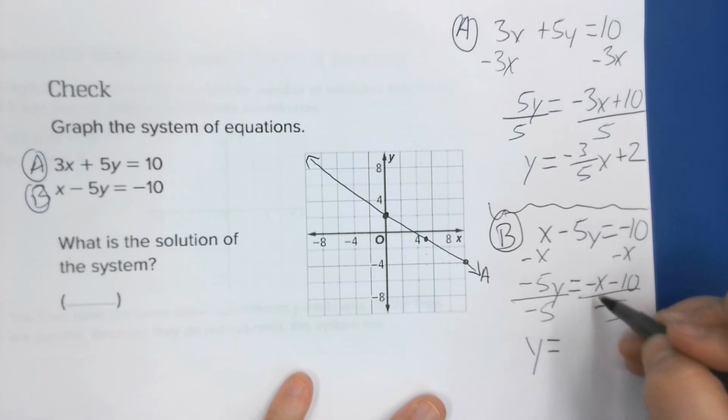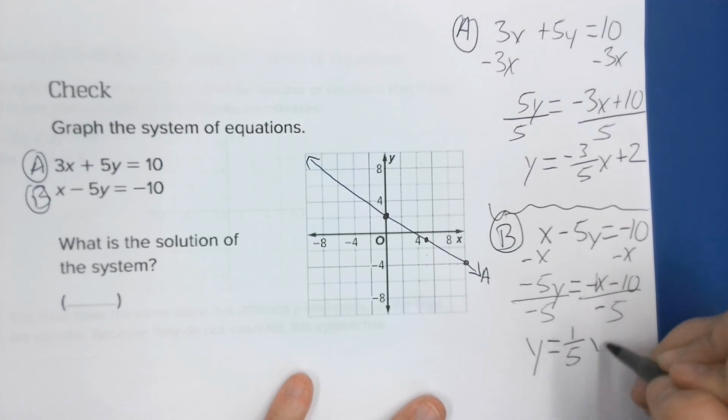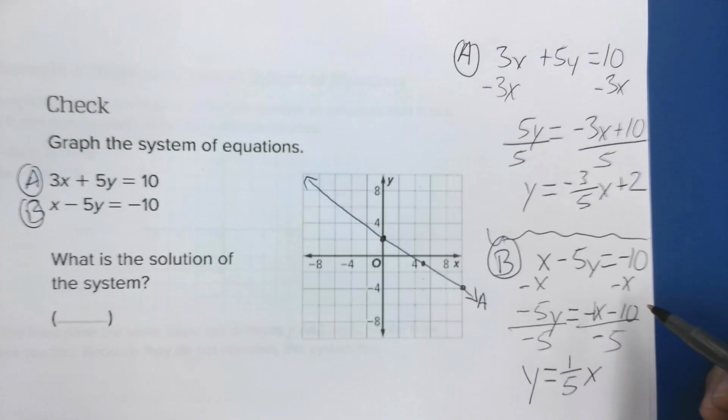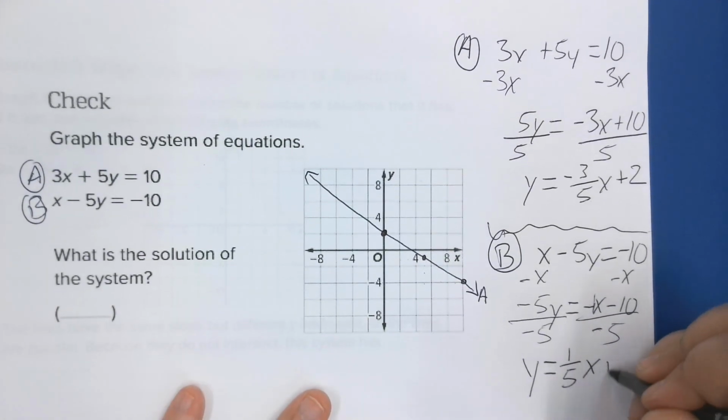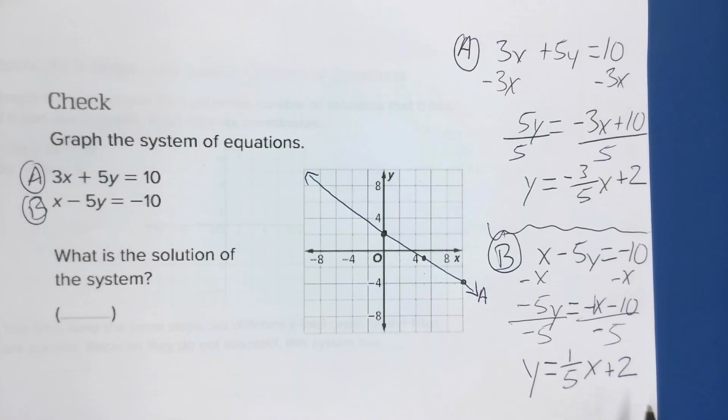So negative makes this positive, but I've got an invisible 1 here, so this is going to leave me 1/5 x. And then I have -10 divided by -5, which is going to give me +2. So my y-intercept is +2.